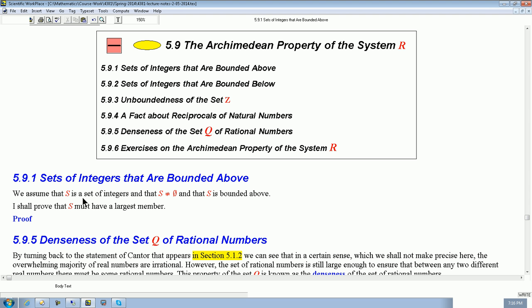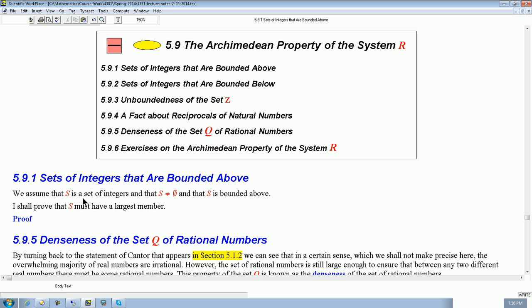I'm going to tell you that using the axiom of completeness, we are able to prove in the system of real numbers, where there is an axiom of completeness, that when a set of integers is non-empty and bounded above, it's got to have a largest member. That's what I'm saying. I'm hesitant to say similar. I don't know what the word similar means in this context.